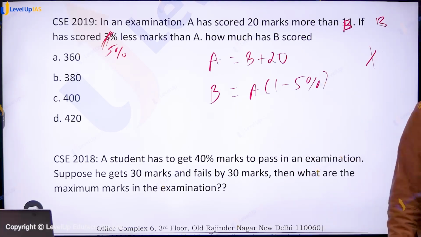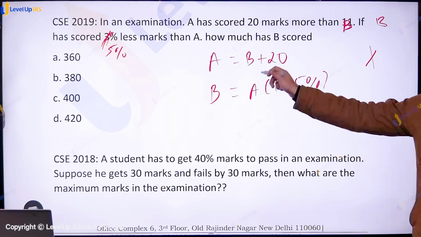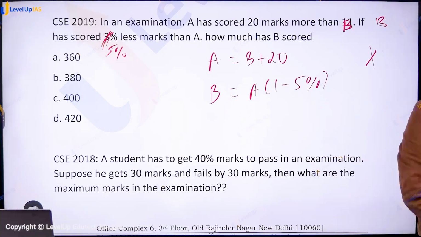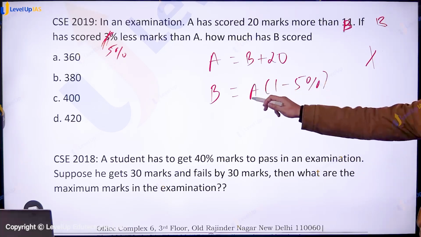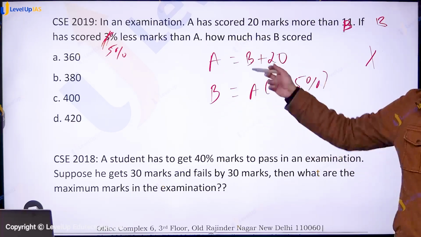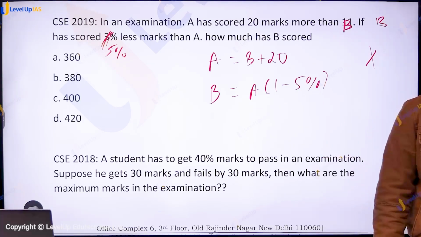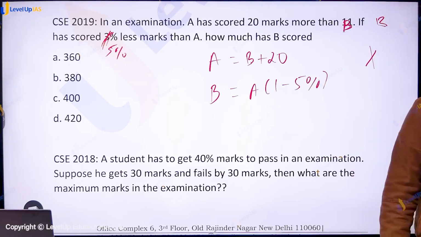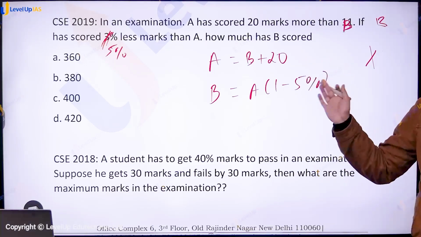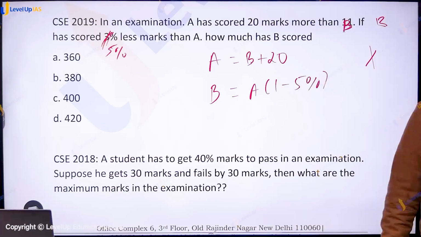Two equations, two unknowns, you can solve. You can put the value of A from here to here and you will get the answer for B. Or put the value of B in this equation, you will get A, and from that you will get B. So if you do not understand something, write down the equations you can form from the information, and you will be able to solve.